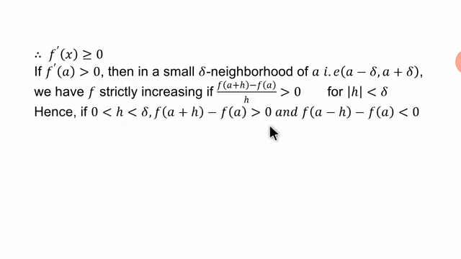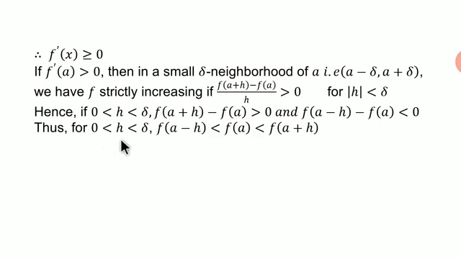This is about increasing function. So hence here, if 0 less than h less than delta, f of a plus h minus f of a is greater than 0, and f of a minus h minus f of a is less than 0. And thus, for 0 less than h less than delta, f of a minus h is less than f of a, which is less than f of a plus h.